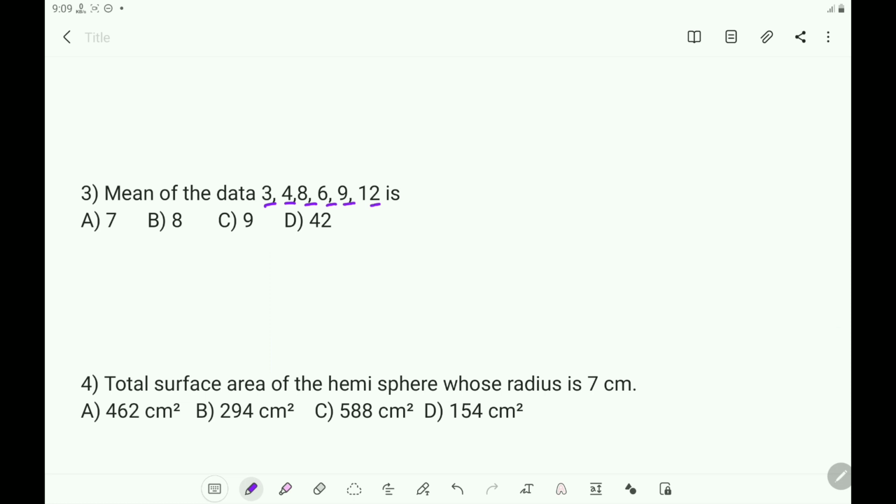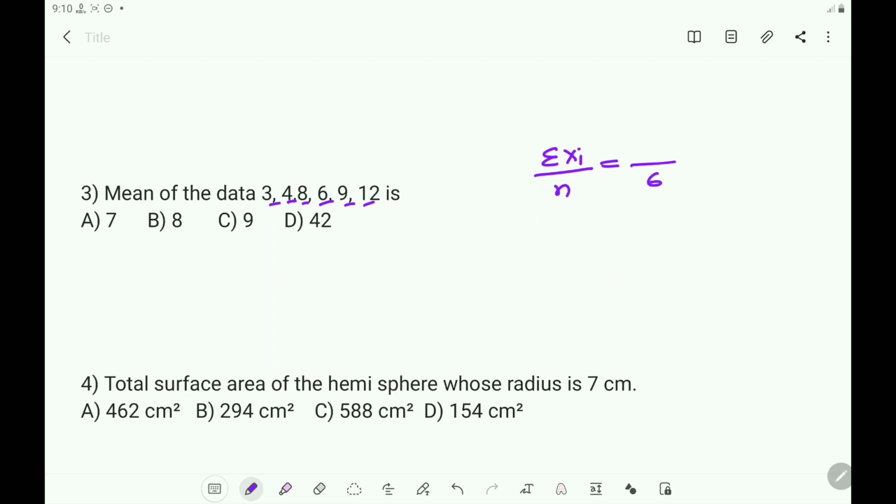Here how will you get the mean? Mean is nothing but sum of all the scores divided by number of scores. That is sigma xi by n. And how many scores are there? How many data are there? So 1, 2, 3, 4, 5, 6.